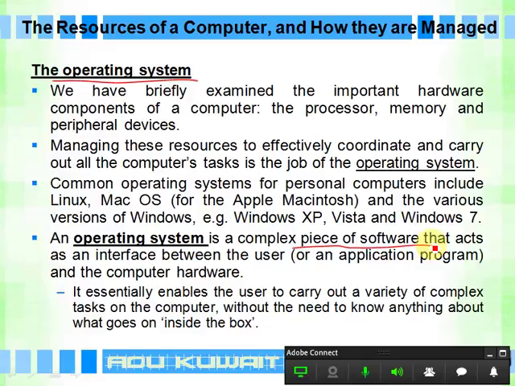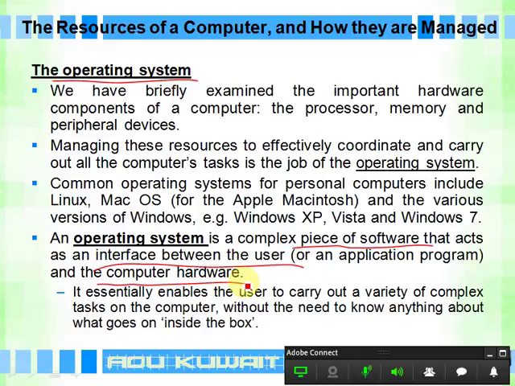That is the hardware. So you want to store the file in the hard disk, you use the operating system, create the file, save the file, that will be saved in the hard disk. So you are going to use the hardware through the software, through the operating system. That is why it is said to be the interface between the user and the computer hardware.